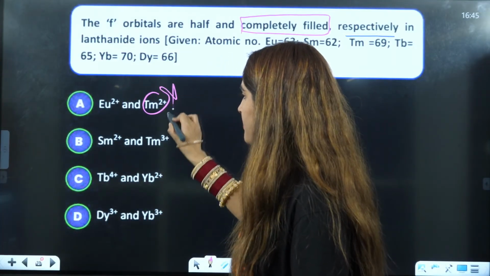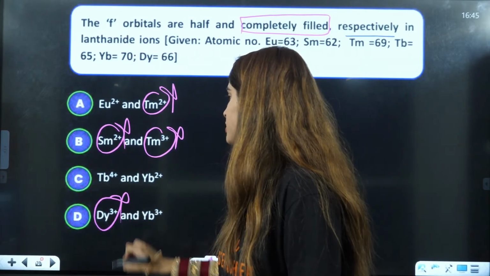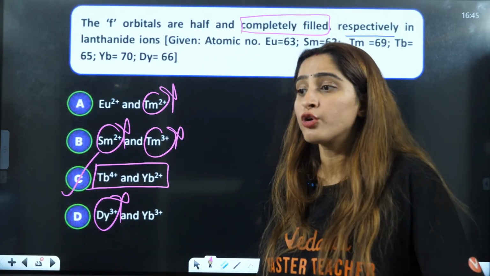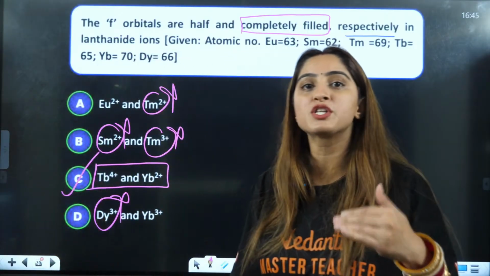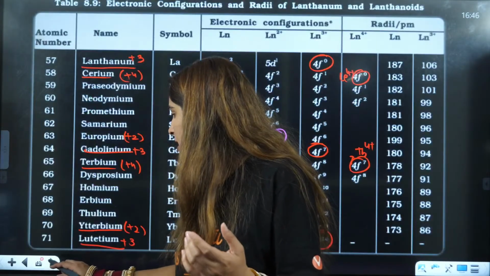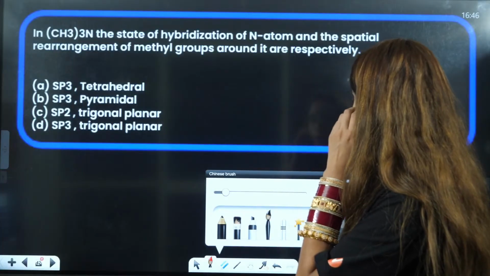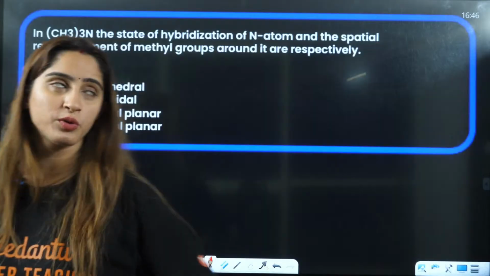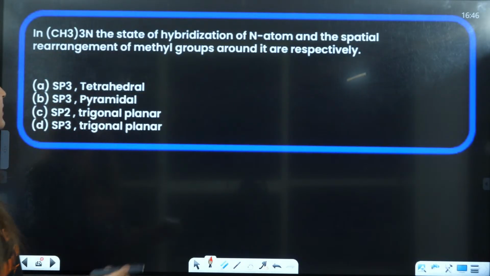So this is not stable, this is not stable, this is not stable, this is not stable. So the only option in which both are stable is C. So you don't even need to know which is fully filled or half filled if you know which ones are the stable electronic configurations in which state. Okay? Understood?